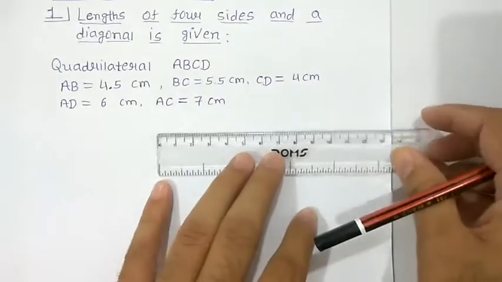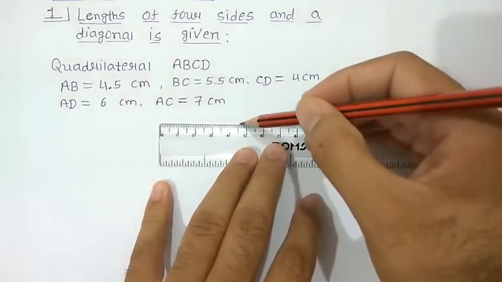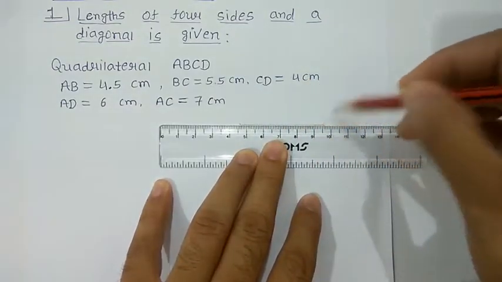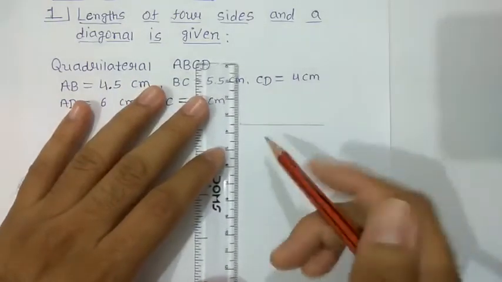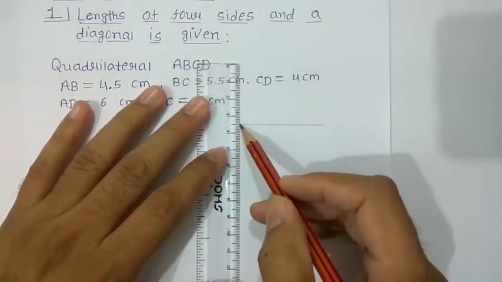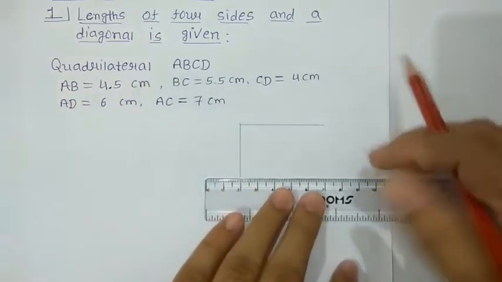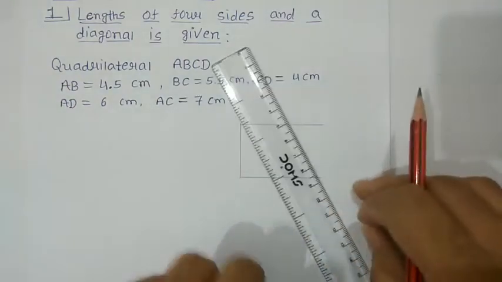It is because by drawing the rough diagram, we can get the idea to draw the perfect quadrilateral. Currently we are drawing a quadrilateral which is not of actual measurement. You can draw any shape, any quadrilateral here, because it is just a rough diagram.